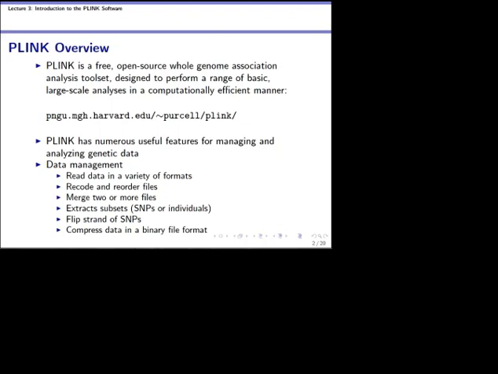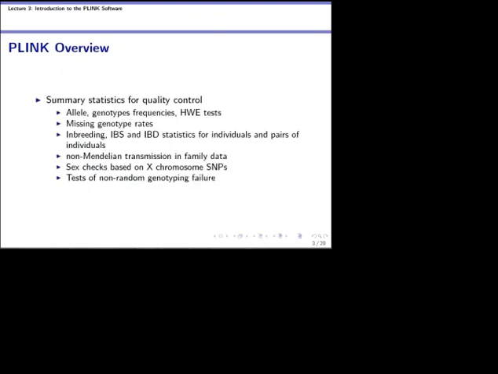And also what's nice is that you can compress the data in a binary format. These data sets get really, really large, so you often want to compress them, and you can do that easily. As you'll see in an example, it can give you quality control statistics per SNP or per individual very fast.